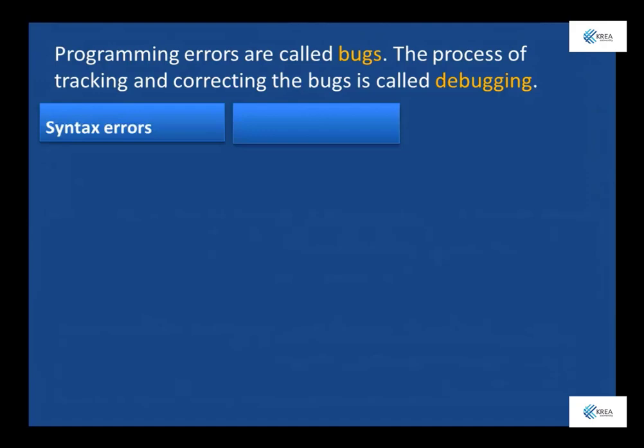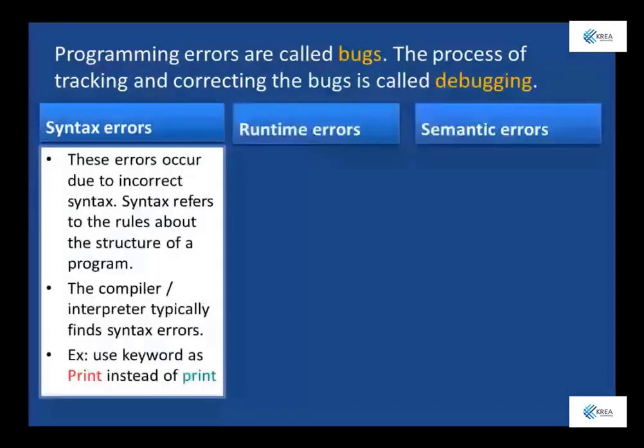The compiler or interpreter typically finds syntax errors. Example, if you use the keyword print with a capital P instead of all small letters, since Python is a case sensitive language, it will throw an error.